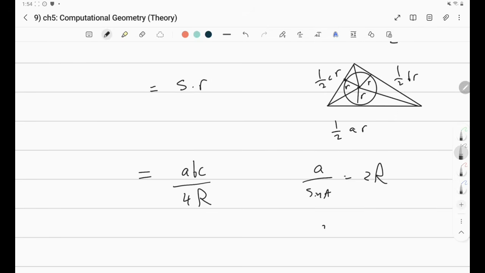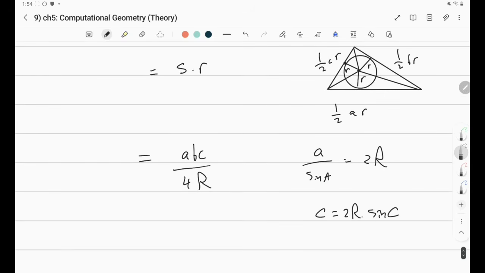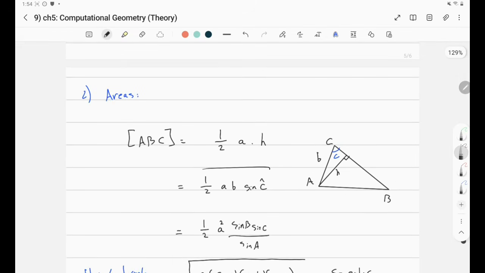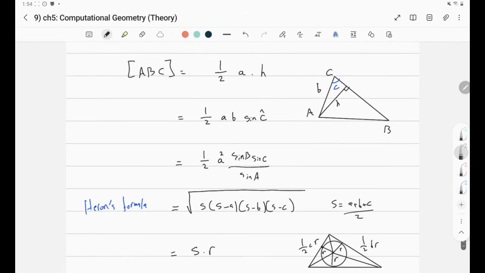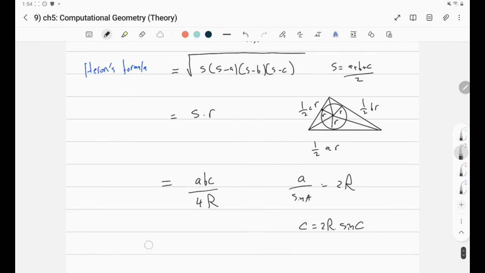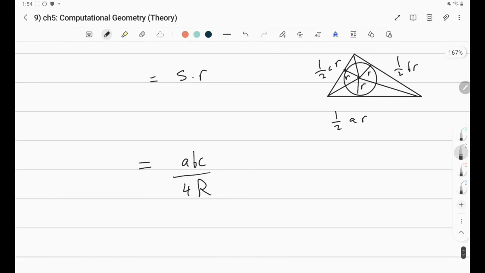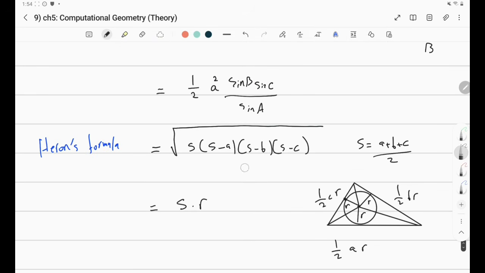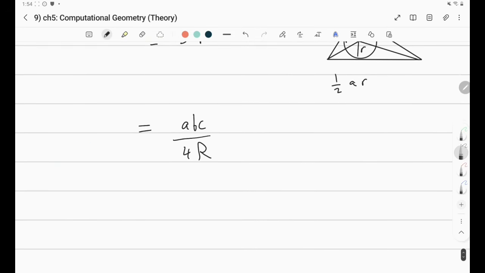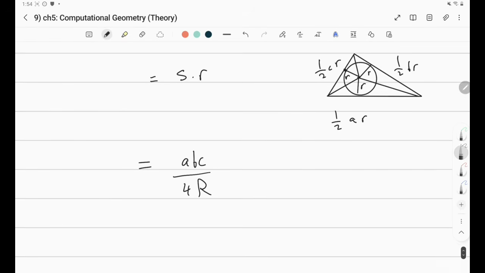So c is just 2R sine C. If I replace it here, the 2R will cancel. It's just going to be half ab sine C. And guess what? We already got this here. So it is correct. And hence from here you can figure out R. You have abc over 4R here, and you can equate it to this and get your R. Very nice.